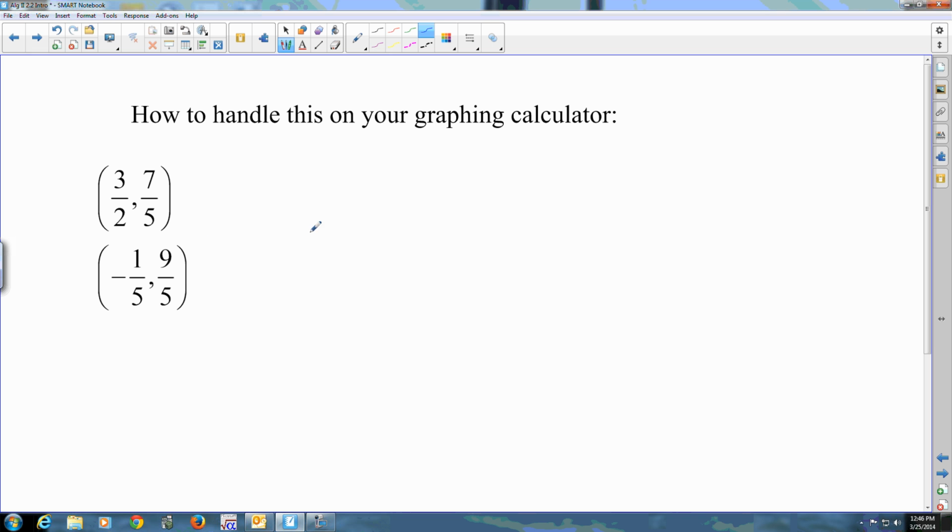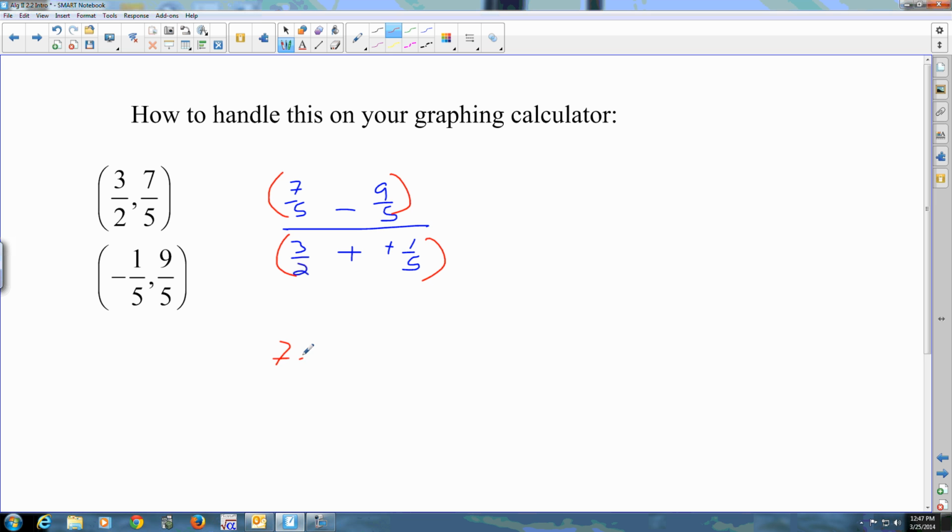How to handle one when you're doing fractions on your calculator? Well, 7/5 minus 9/5 over 3/2 minus a negative 1/5. Alright, so that's going to go plus. You guys can type this in your calculator from start to finish if you put a parenthesis around it.